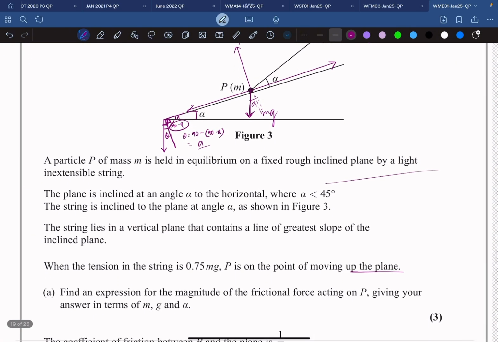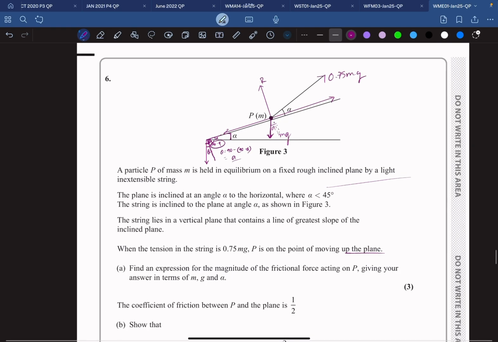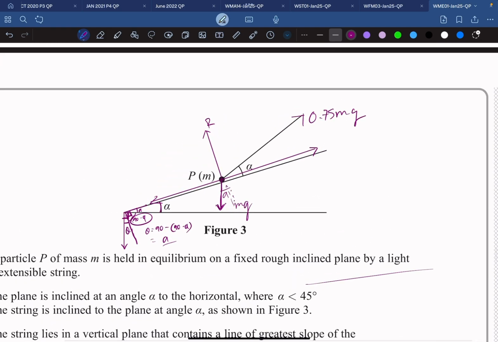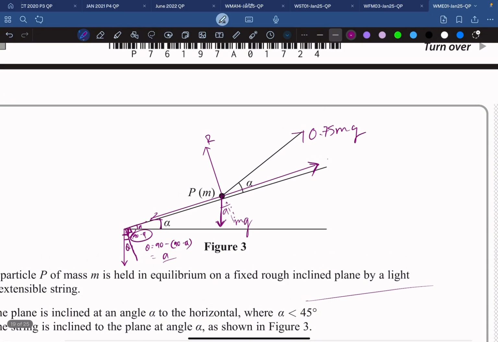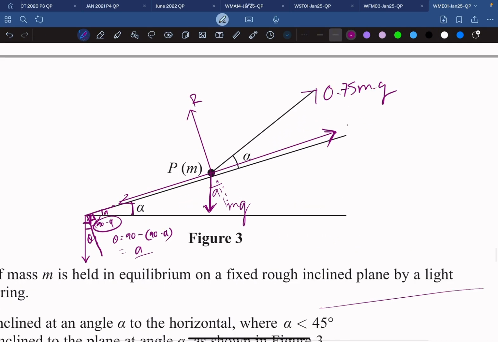When the tension is this, the point is on moving up the plane. So as I was saying, this force, 0.75 mg cos theta, is barely being balanced by the forces in the opposite direction, and the forces there are the components of the weight down the slope.